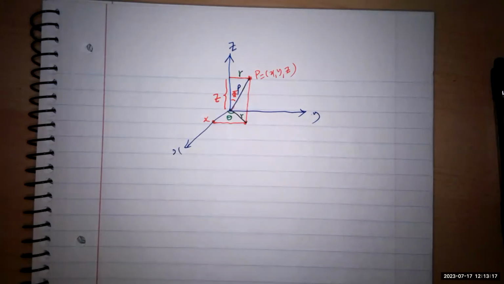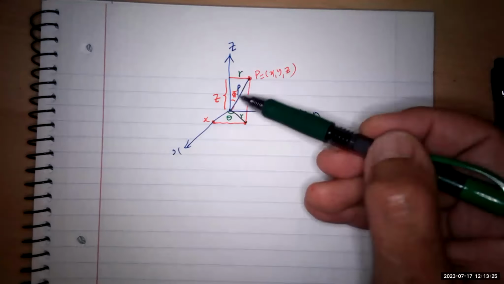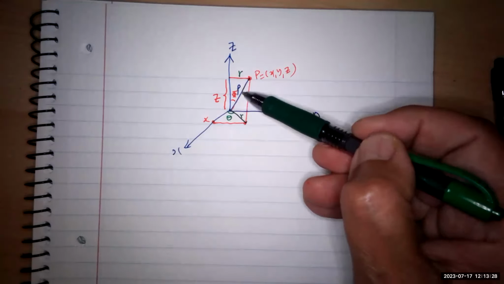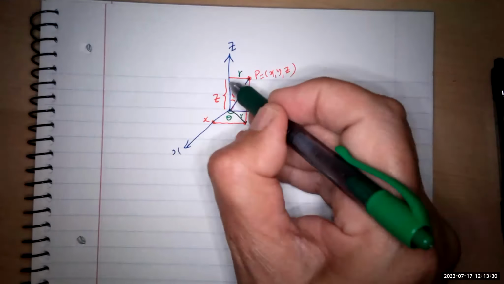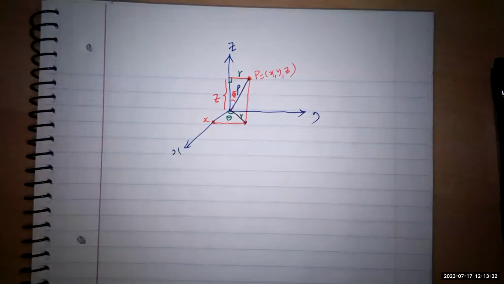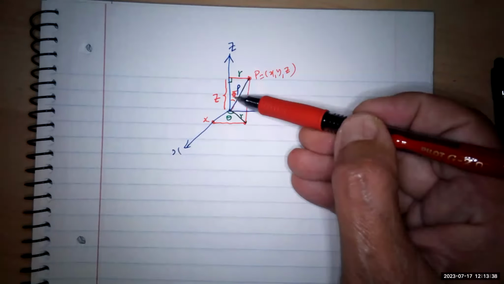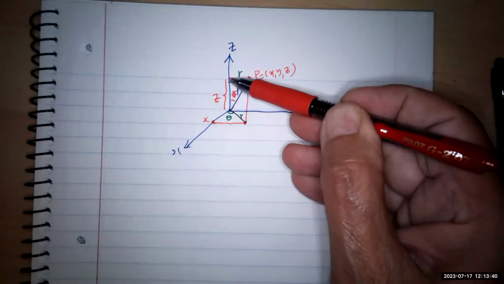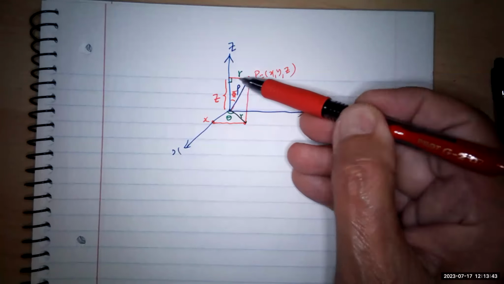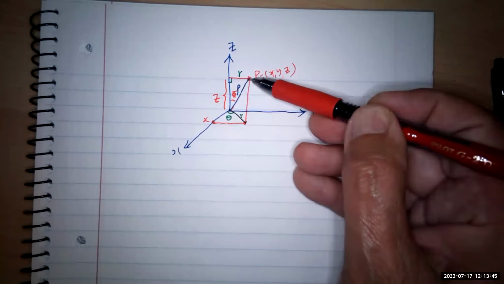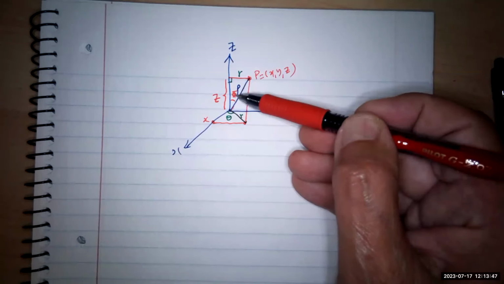Okay, so I want to show you a couple of equations that we need. We are going to use them for the integrations. Look at this right triangle here. I'm going to take out two important equations from this relationship. You see this angle, phi. r is the opposite side, so you go with the sine of phi.